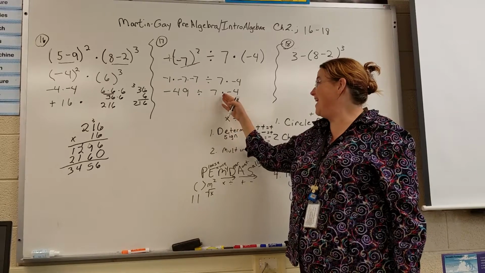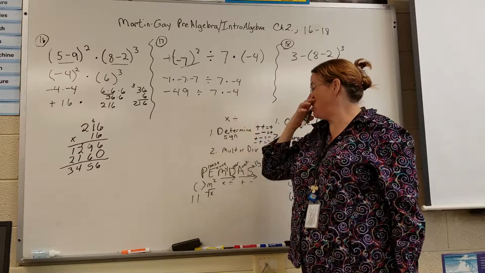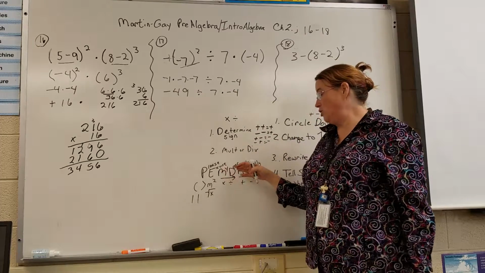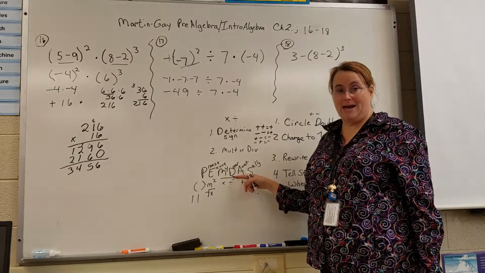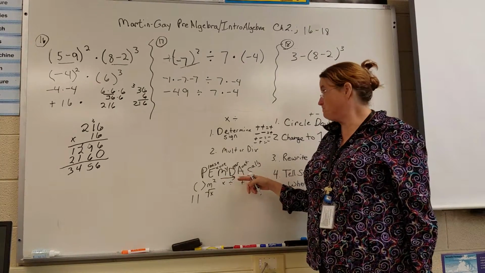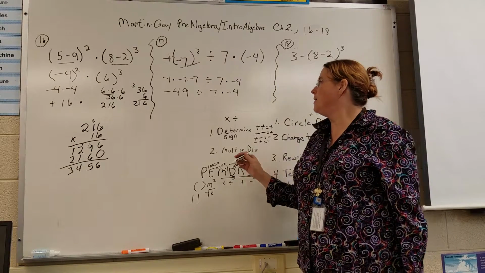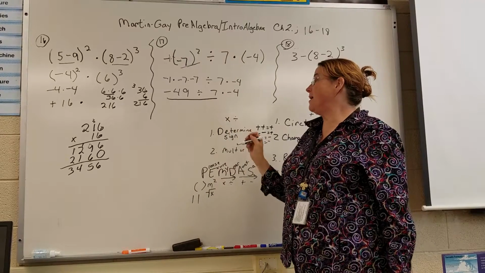Then I must write out the rest of the problem. Negative 49 divided by 7 times -4. I have both a division and a multiplication. And though "My Dear" comes in the order of MD, the rule is from left to right. So this is one of those examples where you will divide before you multiply. So you've got -49 divided by 7.